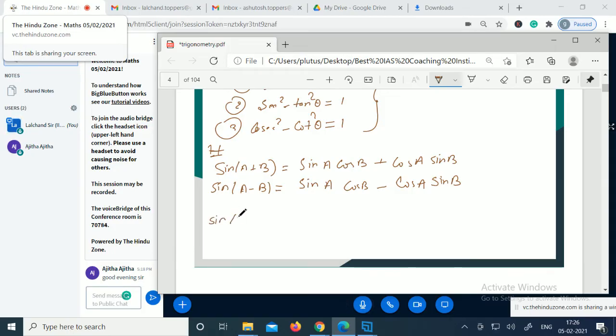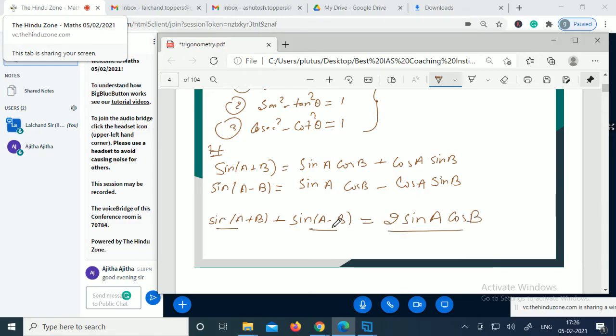Sine A plus B plus sine A minus B is equal to 2 sine A cos B. This is also a kind of formula.